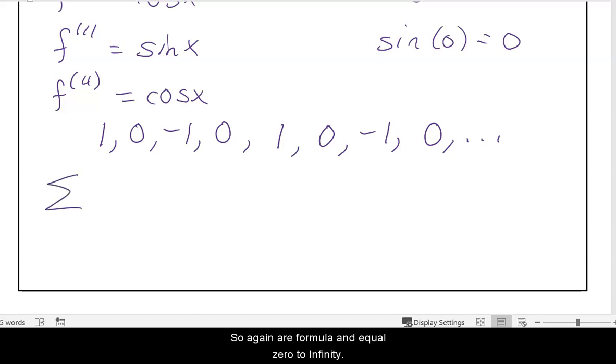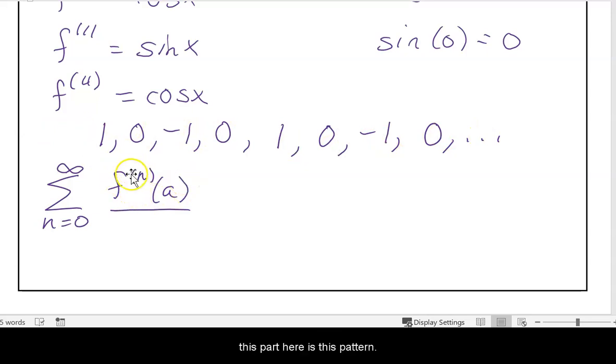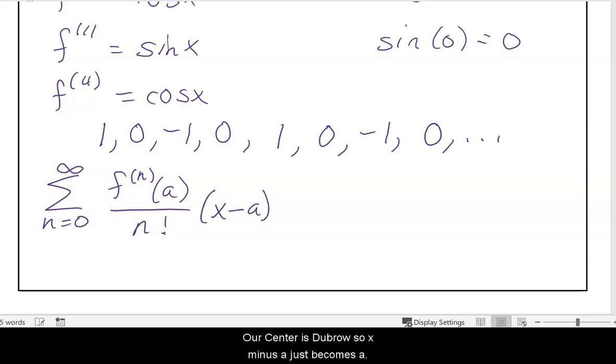So again, our formula, n equals 0 to infinity, nth derivative at the center, that's the part that is fulfilled by this pattern, divided by n factorial times x minus the center to the nth power. Our center is 0, so x minus a just becomes x. So our pattern then, I'm going to write out the terms.